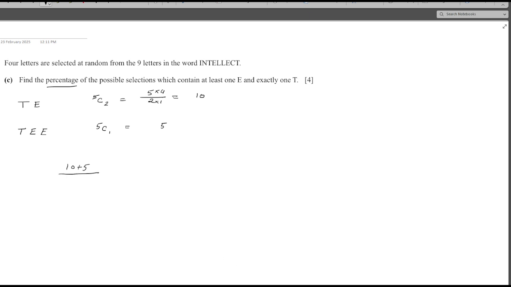What are the different ways of selecting 4 alphabets from 9 alphabets? Okay, here I think we are missing something.